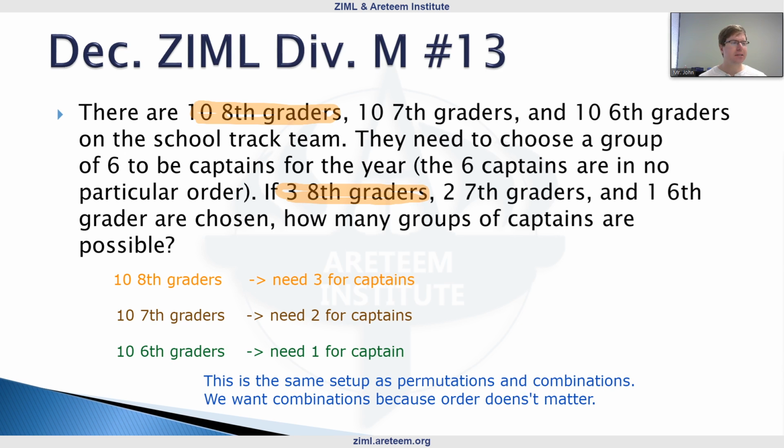So if we do these then one at a time, 8th graders, there are 10 8th graders, we need 3 of them, right? So just quickly here, and maybe this will actually be the last one we do. If you start writing this out, you'll have 10 times 9 times 8. The 7, 6, 5, those all cancel. So we have times a 3, 2, 1 here.